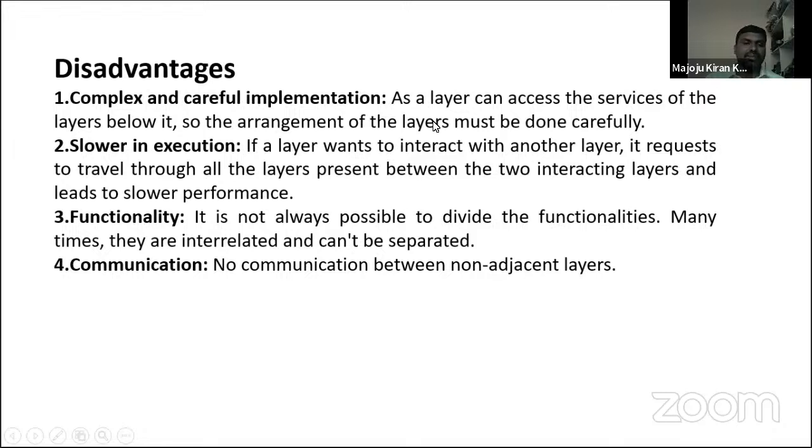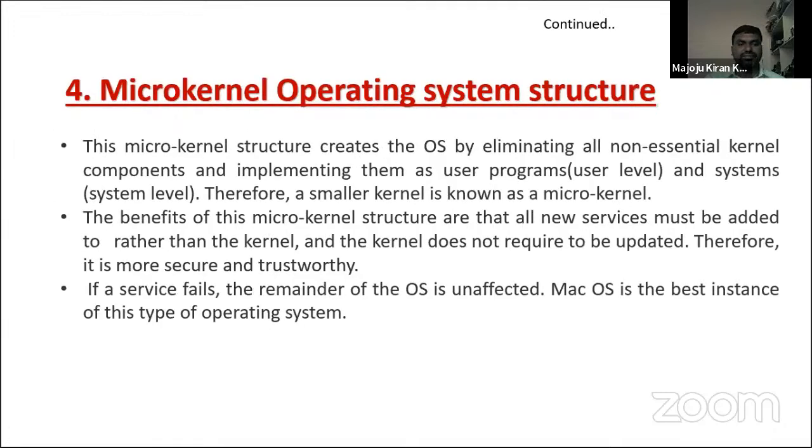Your application program cannot directly talk to the hardware. That means no direct communication is provided between non-adjacent layers. This is one of the drawbacks of the layered system architecture. So these are some of the disadvantages of the layered structure of the operating system.